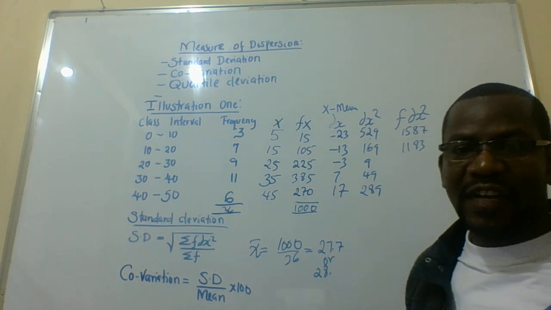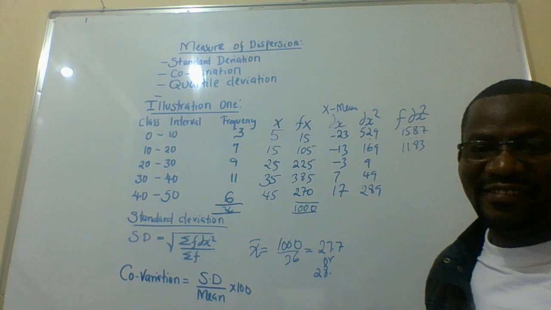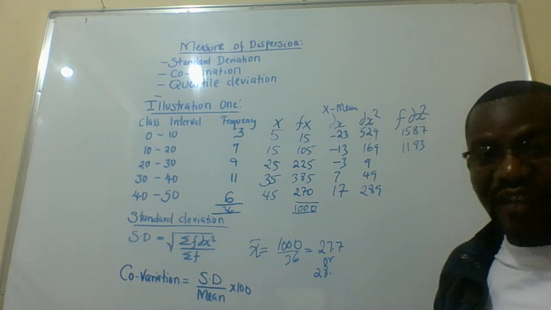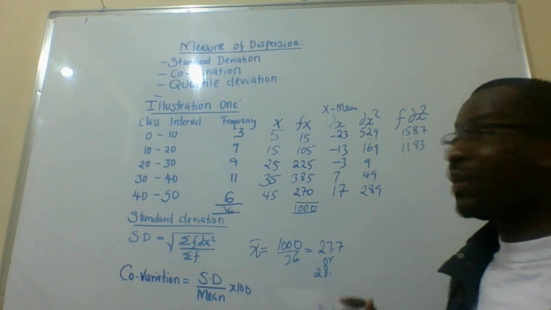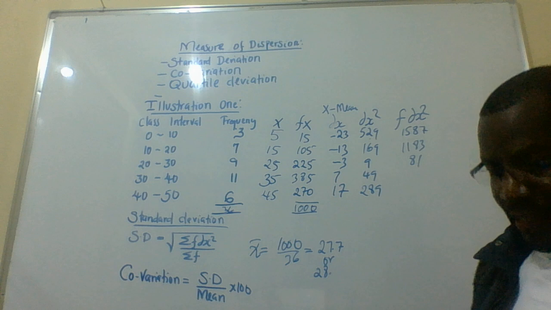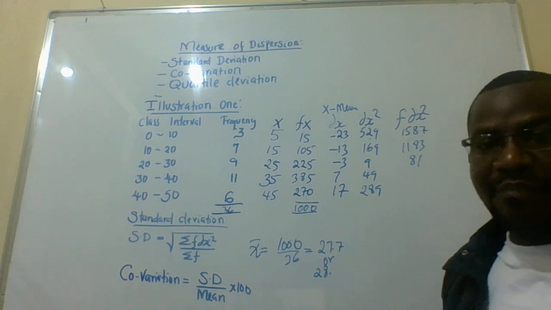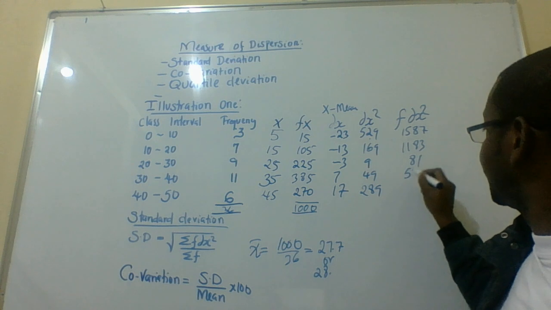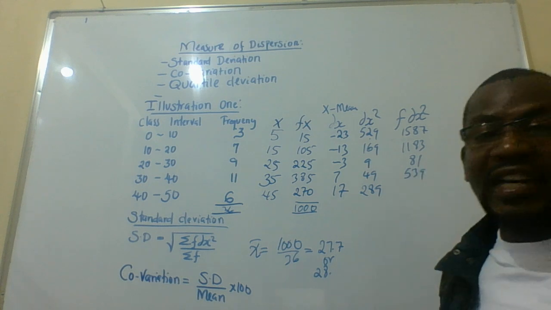9 multiplied by 9, 81. 11 multiplied by 49, which is 539.